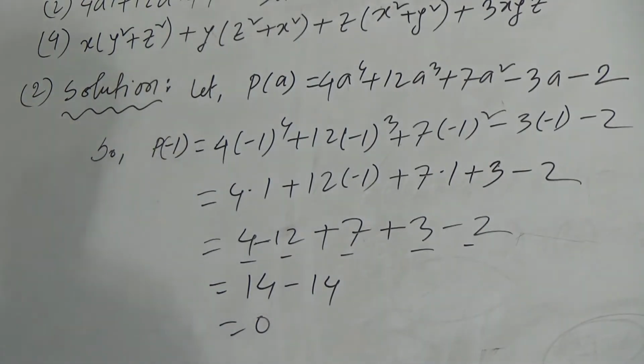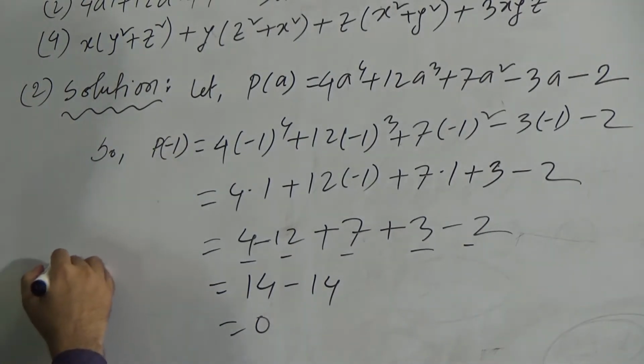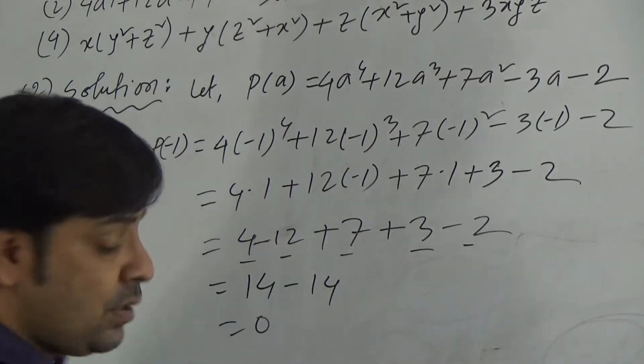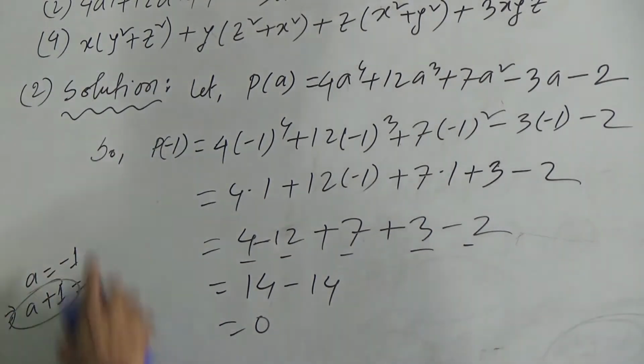As this is 0, we have taken a equal to minus 1. So if we take a plus 1 on one side, this will be equal to 0. It means a plus 1 will be a factor of p of a.